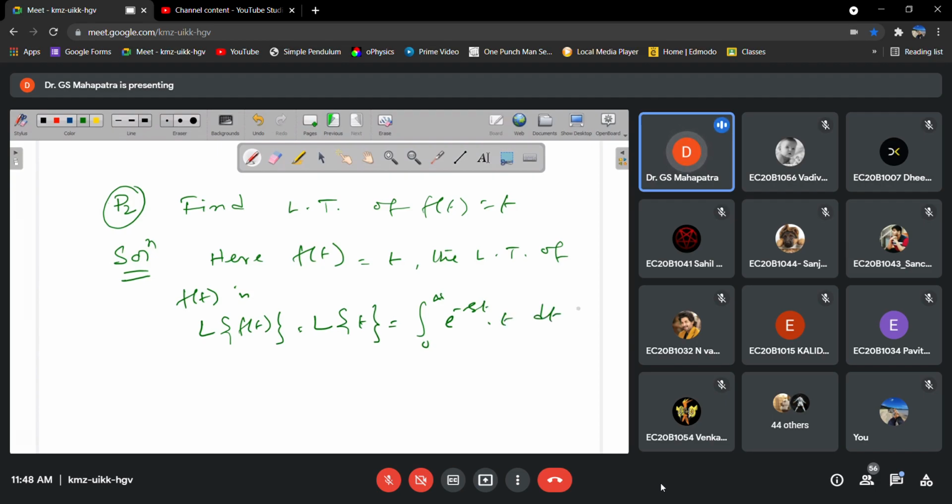So the integration from 0 to infinity of t e to the power minus st dt.